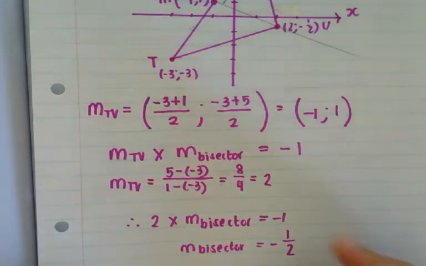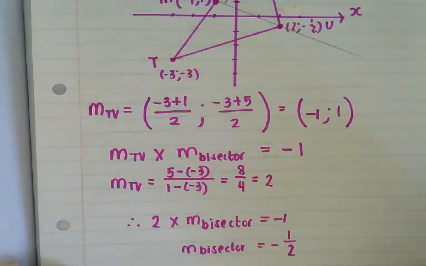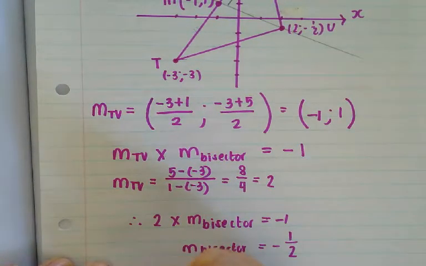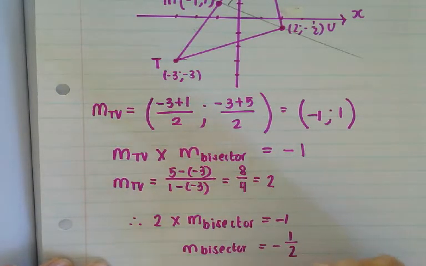Now I'm going to ask you to please find the equation of that perpendicular bisector. So it's also a straight line, so what is my starting point for finding any equation of a straight line? Do I already have the gradient?